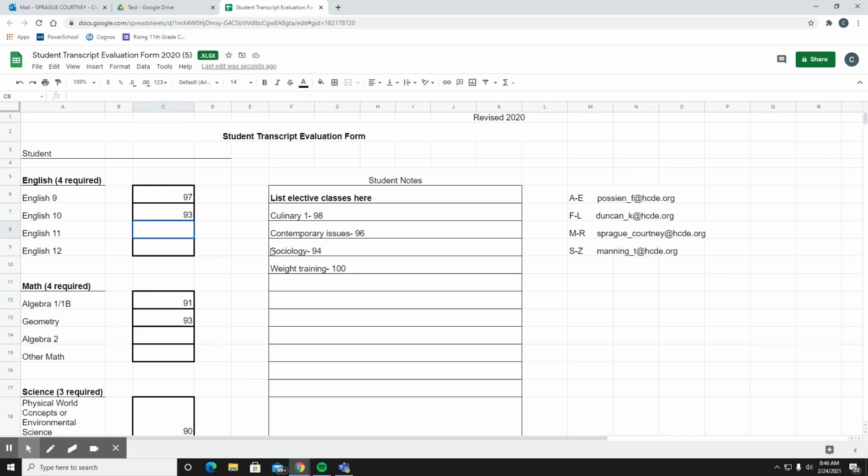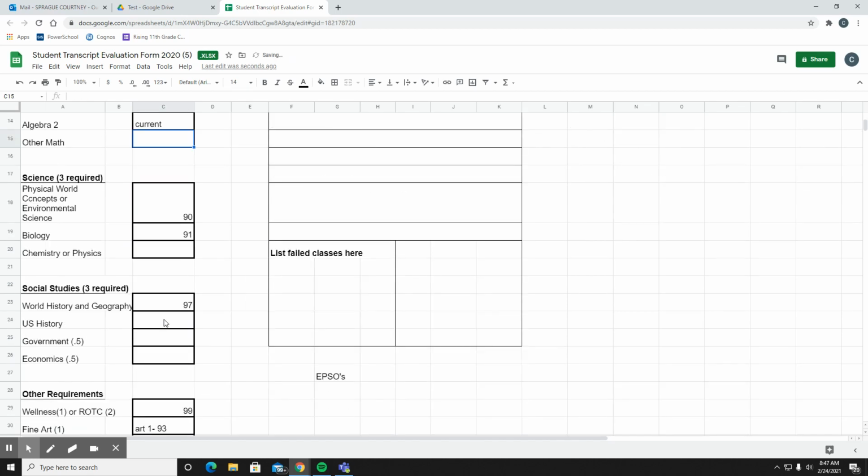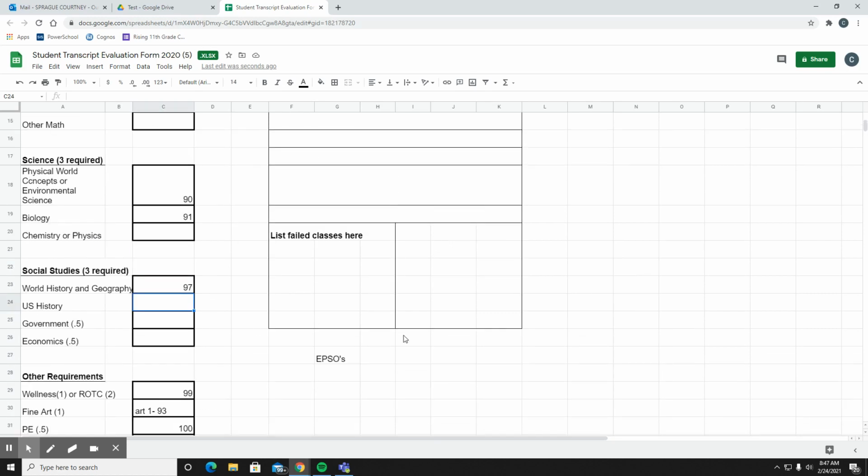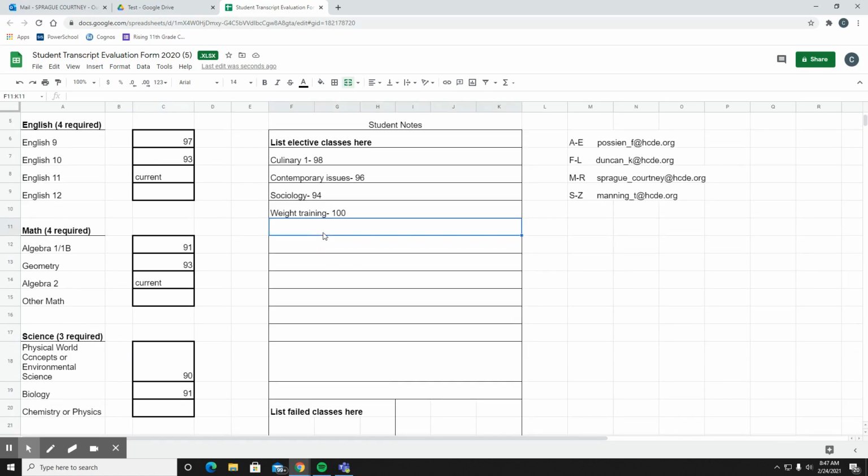So for English 11, we're going to write current because we know that we're in English 11 right now. We're also in Algebra 2, and we missed U.S. history, and then we are also in Culinary 2, current.